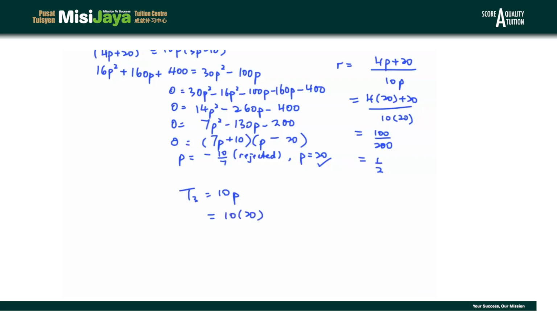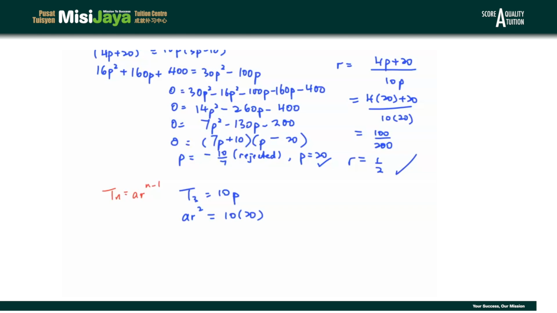We know that our Tn formula for geometric progression is ar to the power n minus 1. So if it's T3, that is ar to the power 3 minus 1, which is squared. We also found our r value, r is 1 over 2.